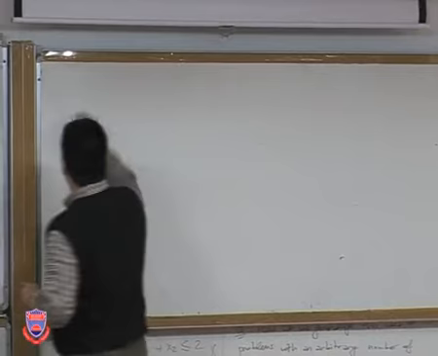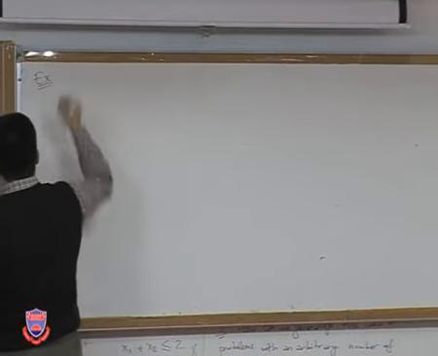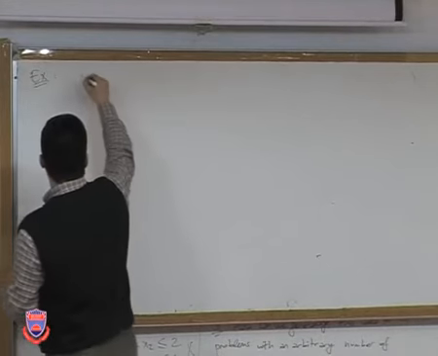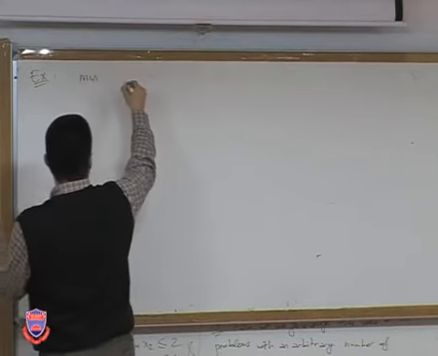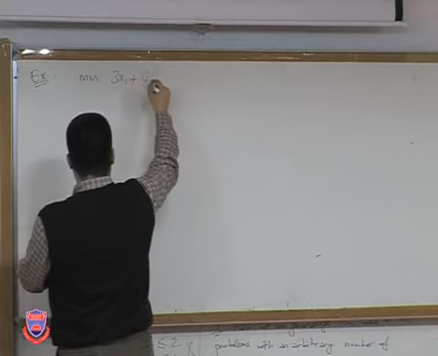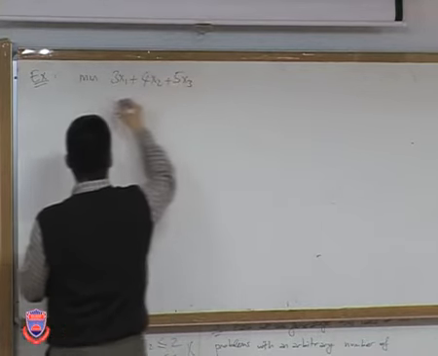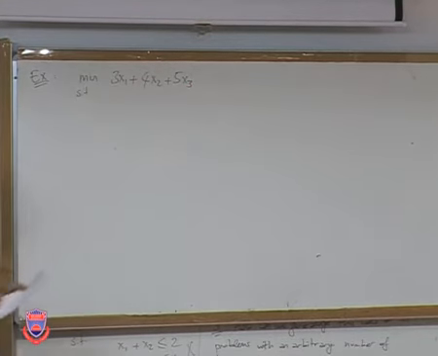So here's an example. Suppose that I'm minimizing 3x1 plus 4x2 plus 5x3. This is my objective function. I have three decision variables.